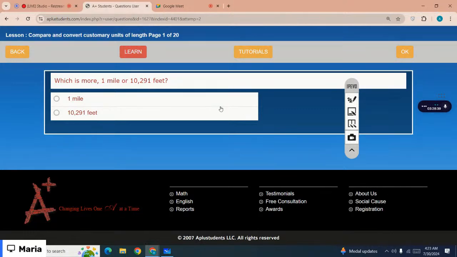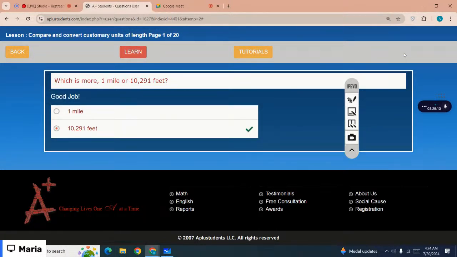Which is the correct option? 10,291 feet is more than 1 mile, right? 1 mile is, I think, 5,000-something feet, right?